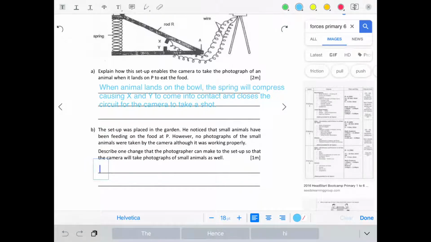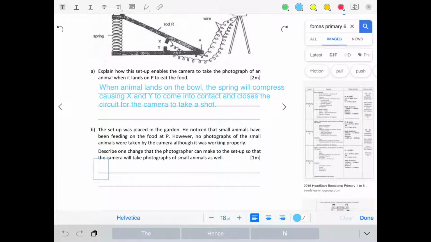So what's one change? Because it's light, right? It's too light. So what can you do? No, I still want to get the animal when it's the small one.